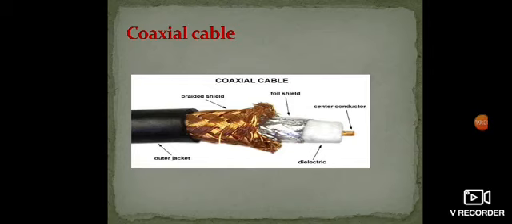And axial refers to the braided shield used as an axis, and the cable is a transmission line. So we call it a coaxial cable.